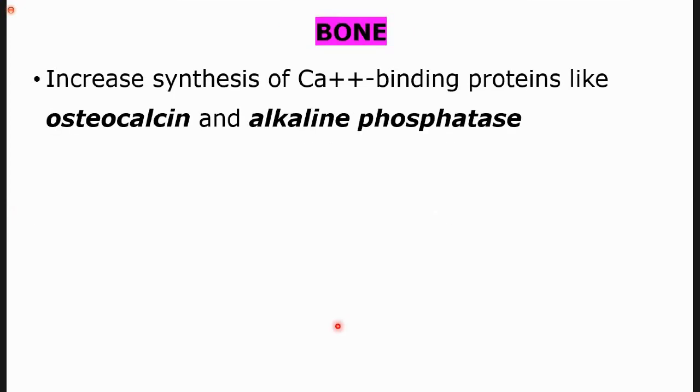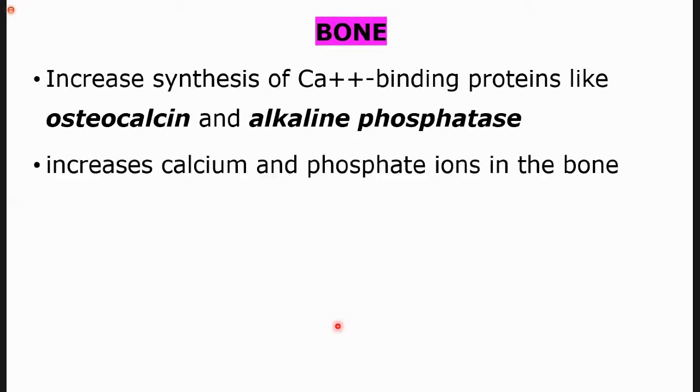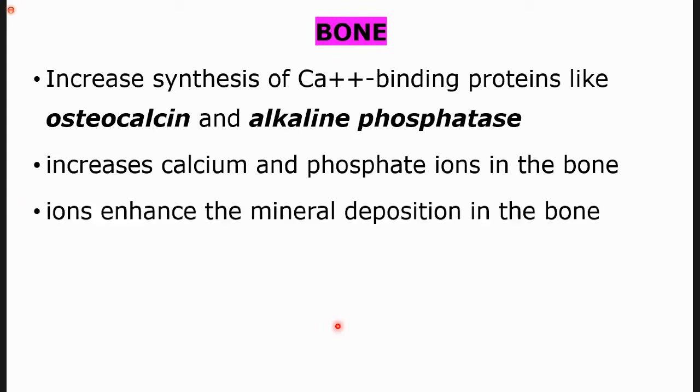In the bones, there is increased synthesis of calcium binding proteins. At the same time, proteins like osteocalcin and alkaline phosphatase are synthesized. Increased calcium and phosphate ions in the bone enhance the mineral deposition in the bone. Vitamin D, along with parathyroid hormone, promotes bone resorption and calcium mobilization to raise the levels of calcium and phosphate in the blood as well.